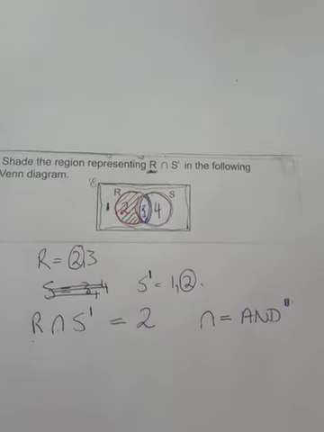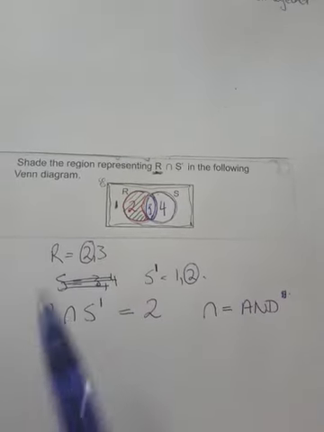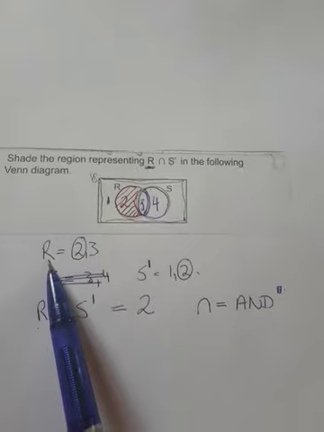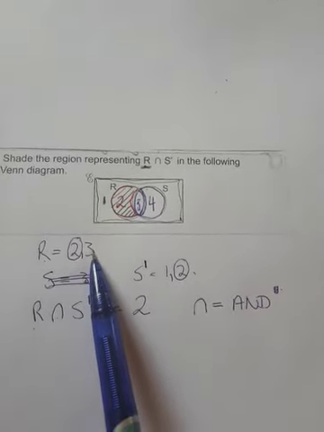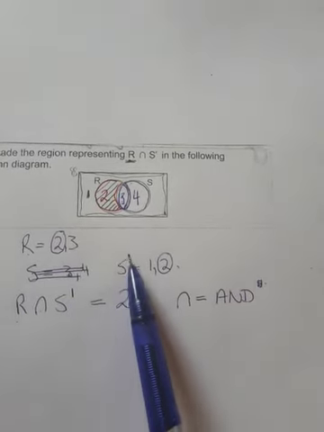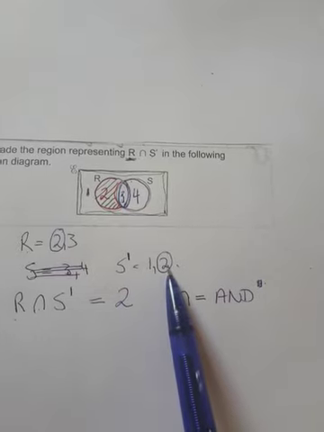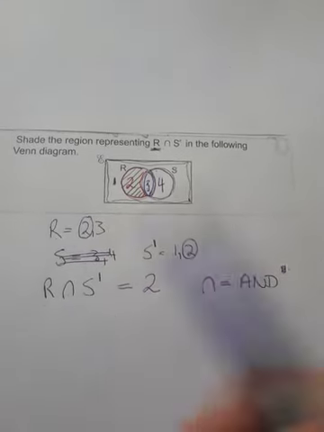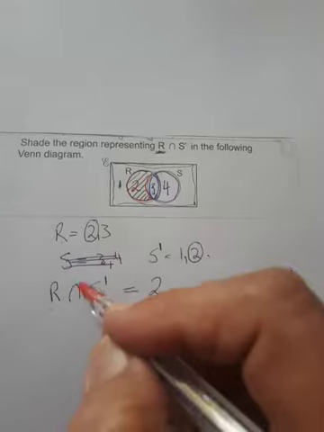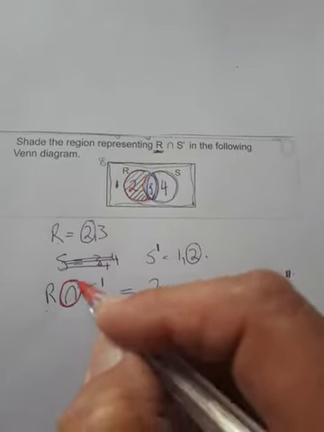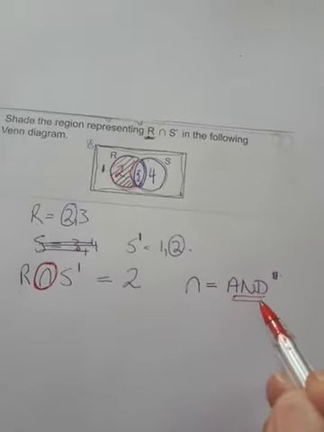Must I repeat that? We have written down region R, which is 2 and 3. We have written down S complement, which is 1 and 2. And now, because it is an intersection, it means and.